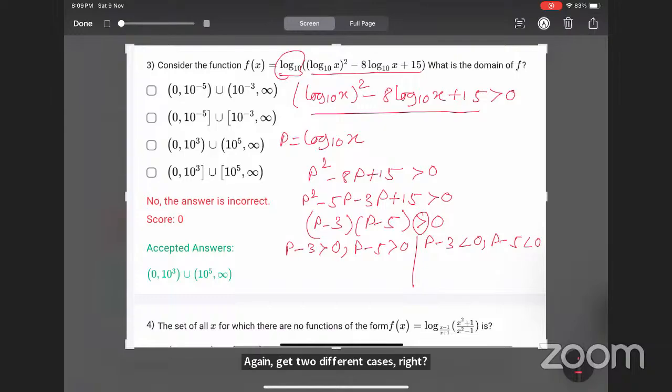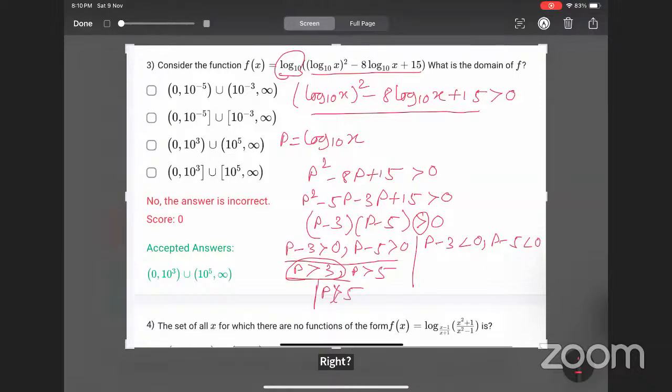So from this portion, we will get that p is greater than 3 and p is greater than 5. So if we take p greater than 5, then automatically this will hold, right? So we will take p greater than 5. Did you get the logic why we are taking p greater than 5?